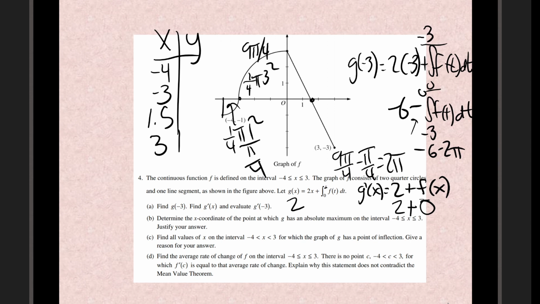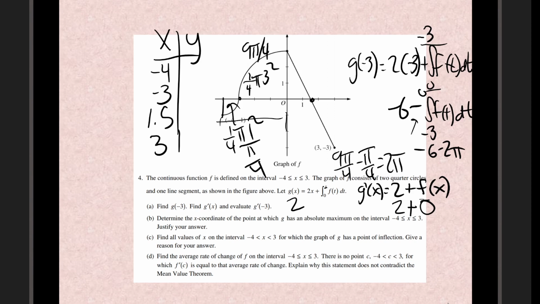And then what I ended up subtracting was the integral from -3 to 0, which is actually a positive 2 pi, 9 pi over 4 minus pi over 4. So it is important that you orient your bounds correctly before you start evaluating, because if you try to go backwards, you can get turned around really quickly.